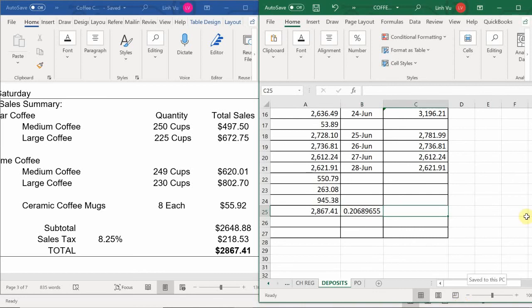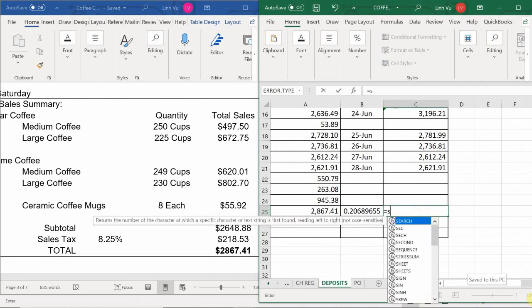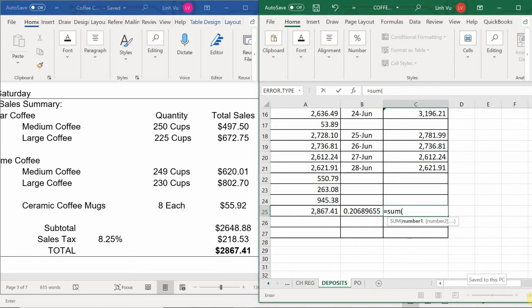We're going to add all of our cash sales as well as the 3 checks that we just added in there, giving us a grand total of $4,626.66. So we're going to deposit all of that money into the bank as of June 29.